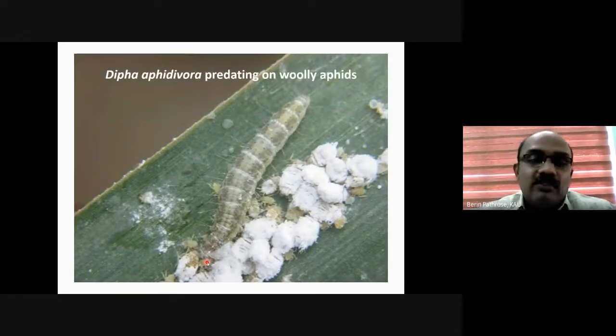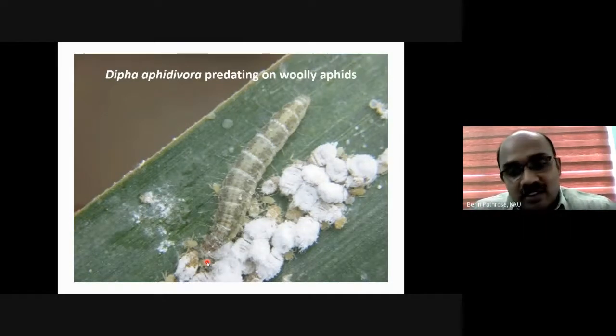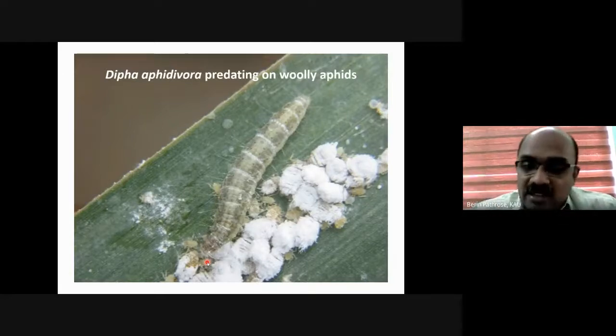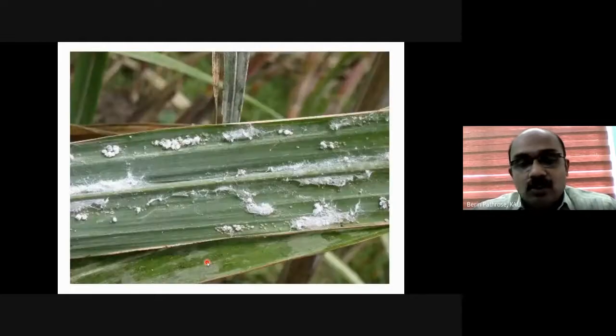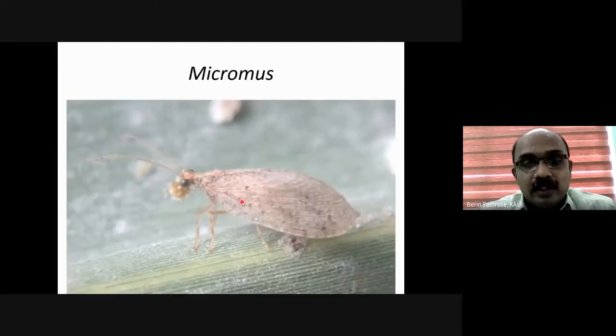I had heard from a few scientists from Maharashtra that this Dipha aphidivora is an extremely effective predator of woolly aphid. It feeds voraciously. It can drastically bring down the population of woolly aphid. You can see this. The entire leaf which was infested with woolly aphid is completely eaten away by Dipha aphidivora, sorry. And this is the neuropteran predator Micromus.